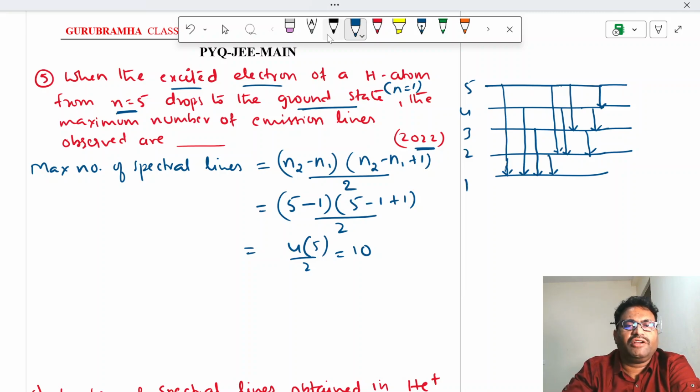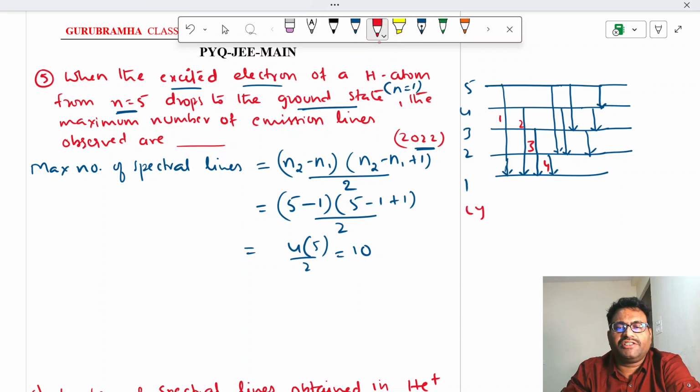In this, let us give numbers 1, 2, 3, 4. In the Lyman series, how many spectral lines are observed? 4 spectral lines, because from a higher energy level directly to the first energy level, all the spectral lines belong to the Lyman series. Next 5, 6, 7 belong to the Balmer series.